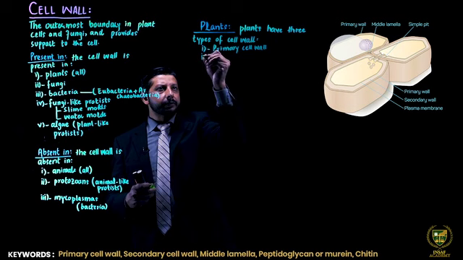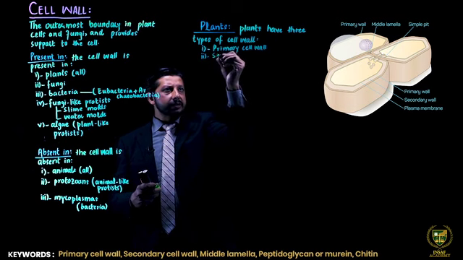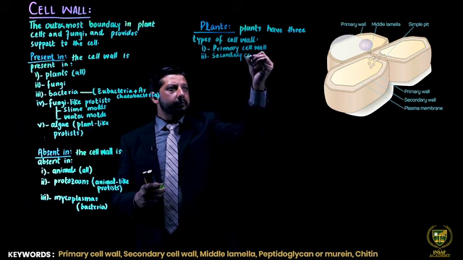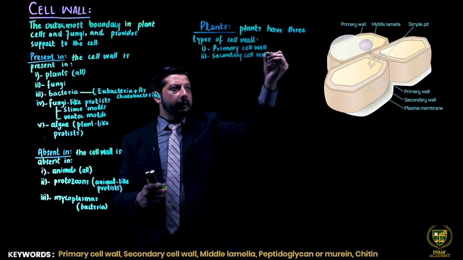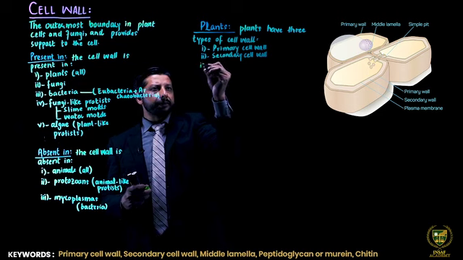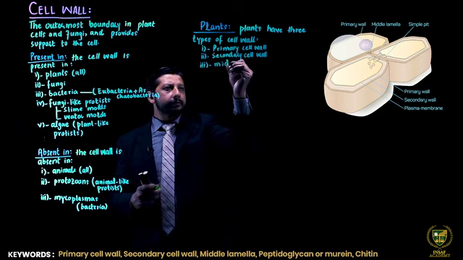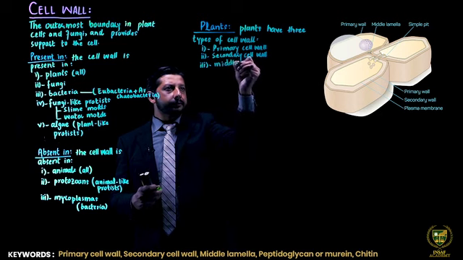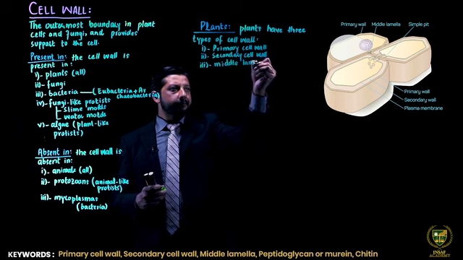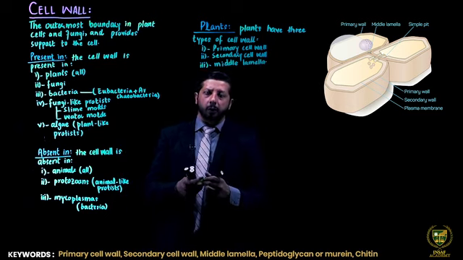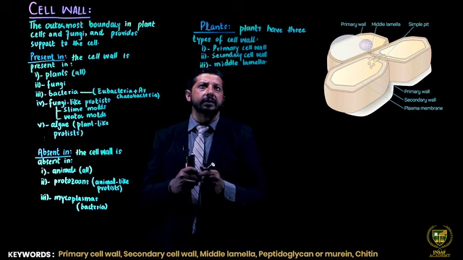Number 2 is secondary cell wall. And number 3 is the middle lamella. Clear? So we will discuss in details.